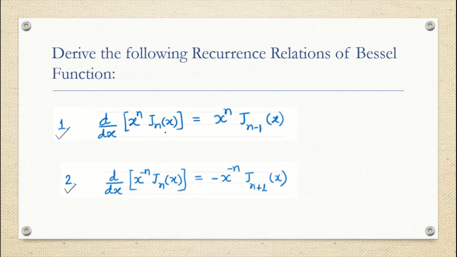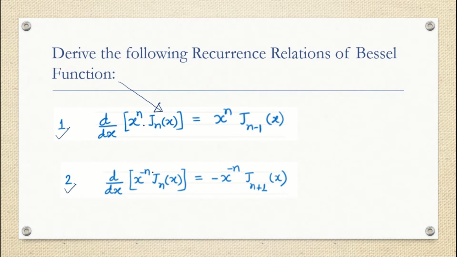What is J n x? J n x is only the Bessel function, correct? We are multiplying x raised to n with that, and then finding the derivative, and we get x raised to n J n minus 1 x.